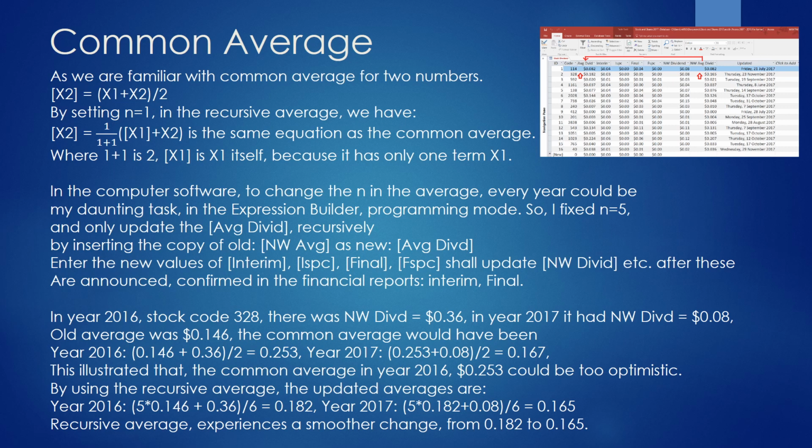In the computer software, to change the n in the average every year could be a daunting task in the expression builder programming mode, so I fix n equal to 5 and only update the average dividend recursively by inserting the copy of the new dividend as new average dividend.